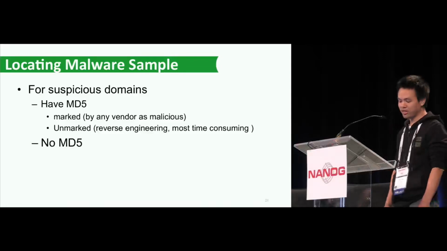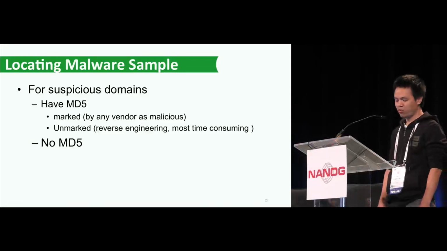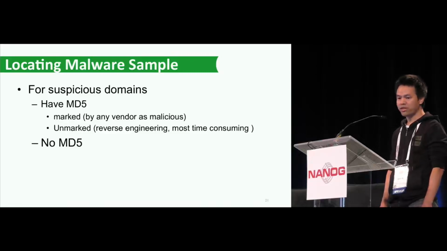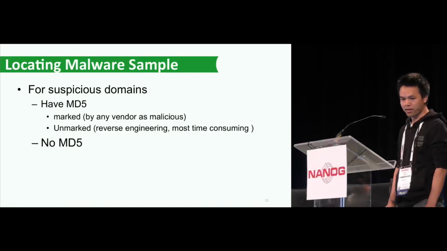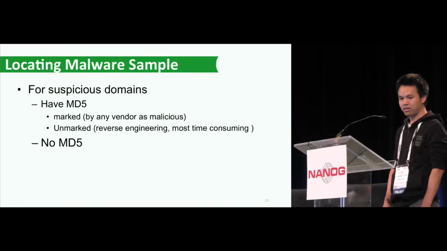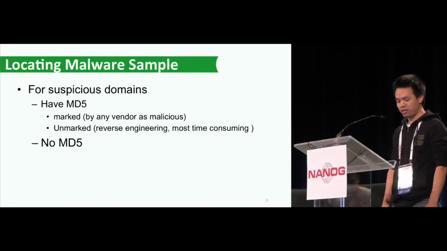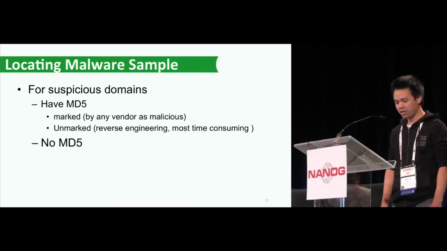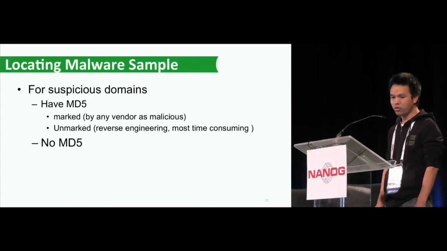In this case, we will need to reverse engineer, and this is very labor intensive. Third, the domain has no malware match. We can do a few things, but there is really not much we can do here.